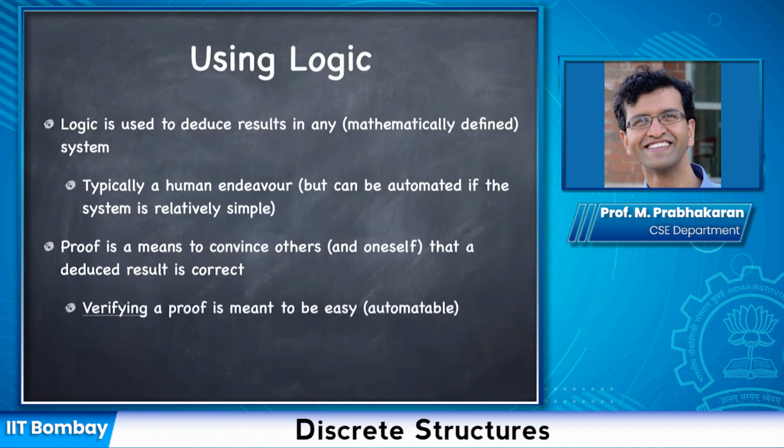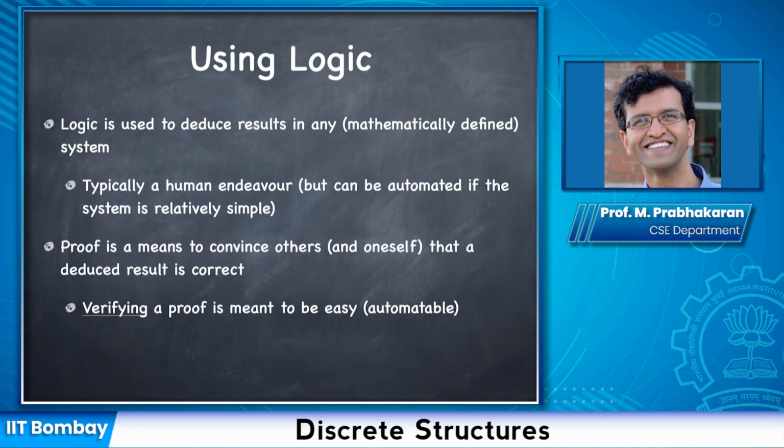Okay, and the idea is that the proof should be very easy to verify, very easy in the sense that it's a mechanical process to verify a proof, or ideally it should be. Of course, when we write a proof in real life, we don't write it to a level of detail that makes it automatically verifiable, but conceptually that's what a proof should be.